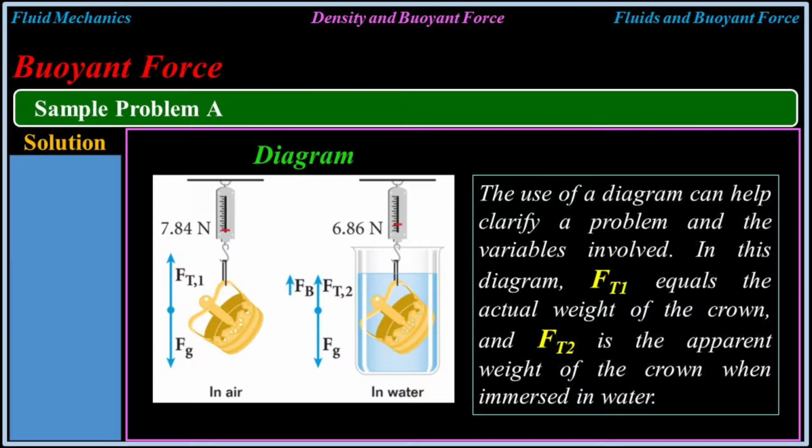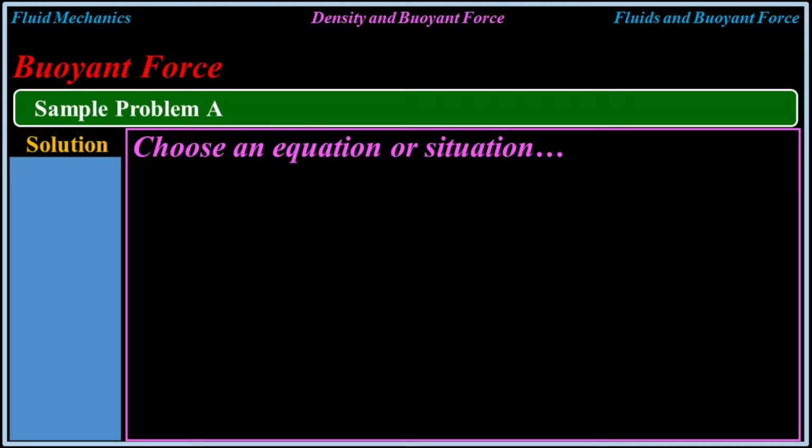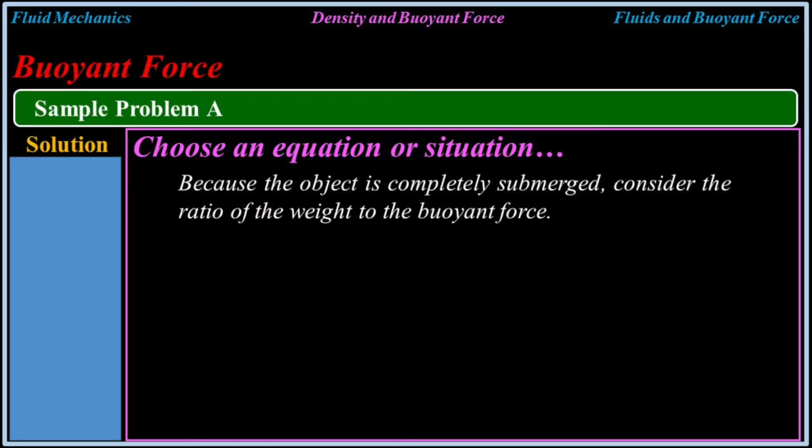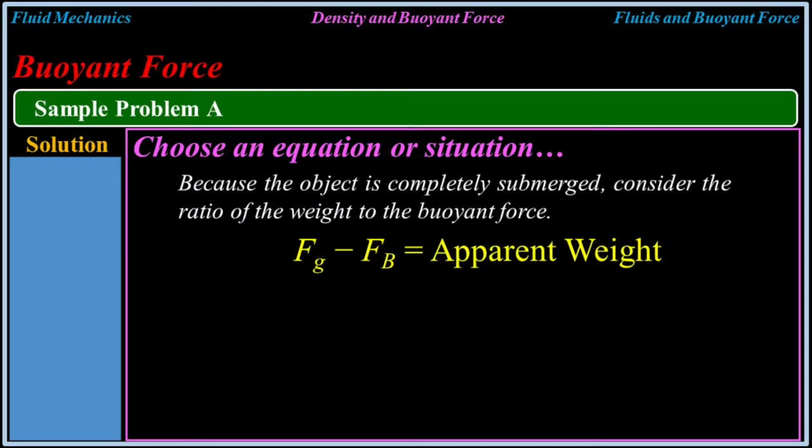This will help explain the answer. Choose an equation or situation. Again, we're going to go through this. Because the object is completely submerged, consider the ratio of the weight to the buoyant force. Okay, here the weight minus the buoyant force is the apparent weight of the object while it's immersed.